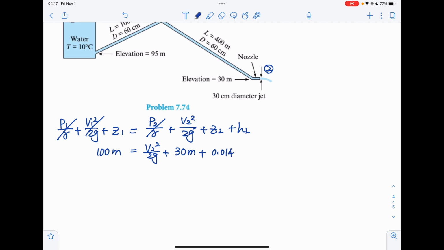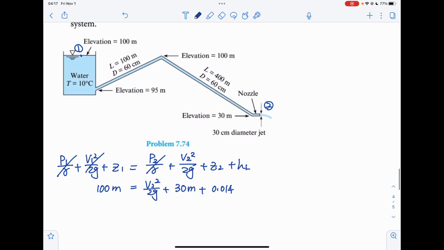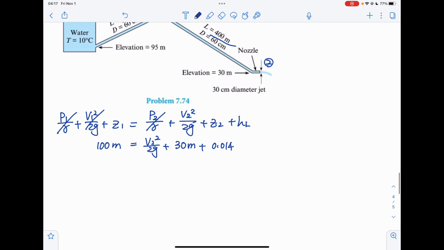0.014 L divided by D. So the L is 100 meters plus 400 meters, divided by the diameter, because they have the same diameter, that's why we can combine them together, 0.6 meters.